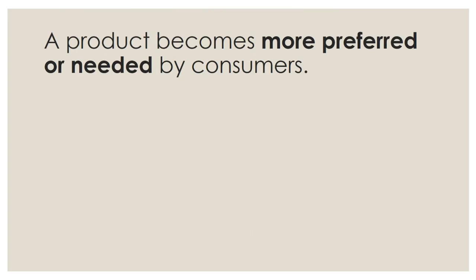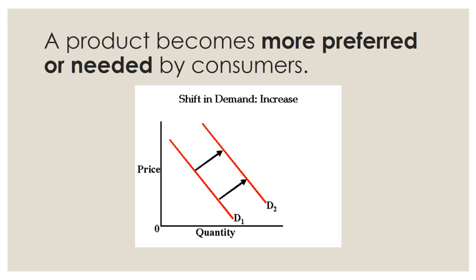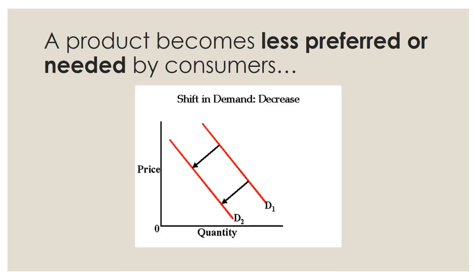Okay, so a new determinant of demand: a change in consumer preference for a product. You can see it on your sheet. When a product becomes more preferred, quite naturally, the demand for that product increases. And of course, when that product goes out of style, guess what? The demand for that product decreases.